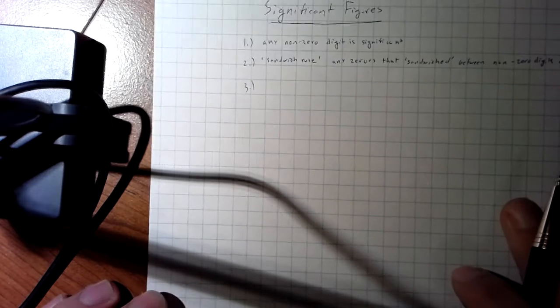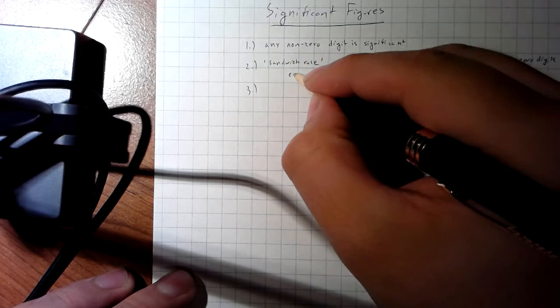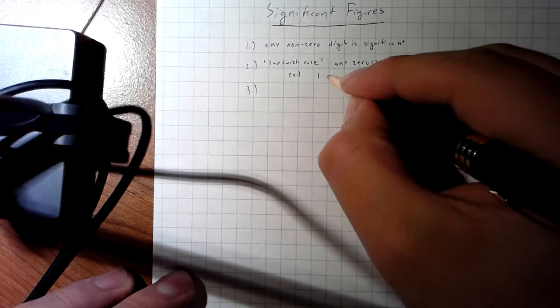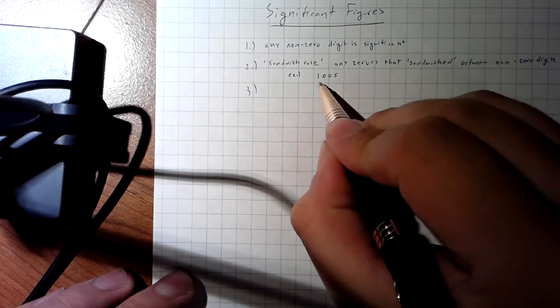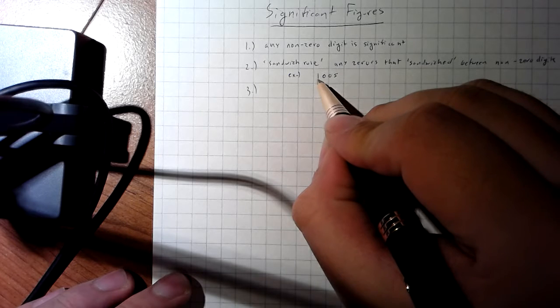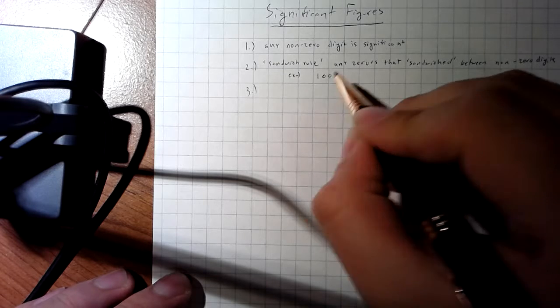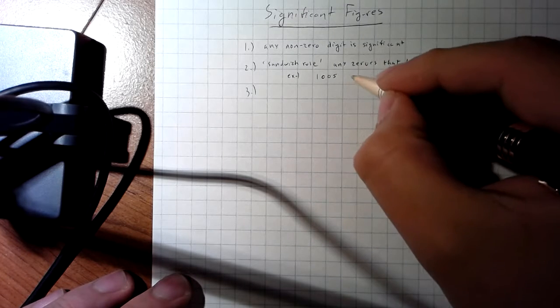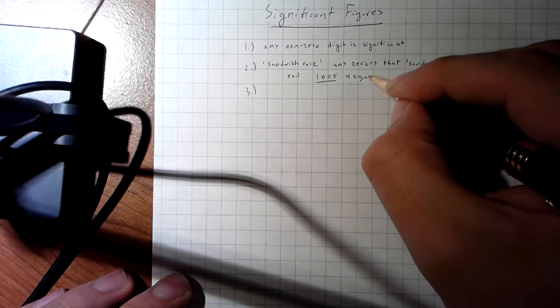So let me write some quick examples of what this means. Let's say you had 1005. In this number 1005, the two zeros in the middle are sandwiched between two non-zero digits. Therefore, those two zeros are counted as significant, and we would say that this number has 4 significant digits.